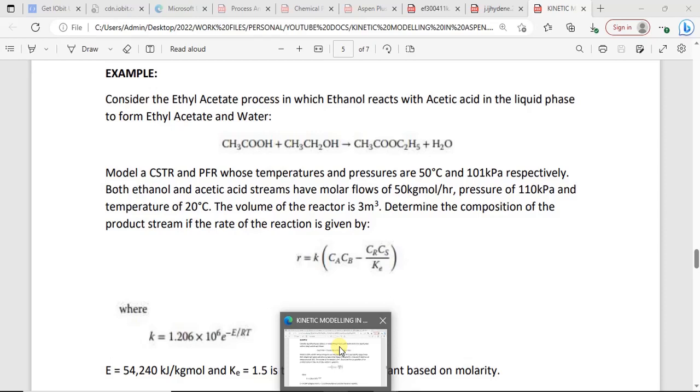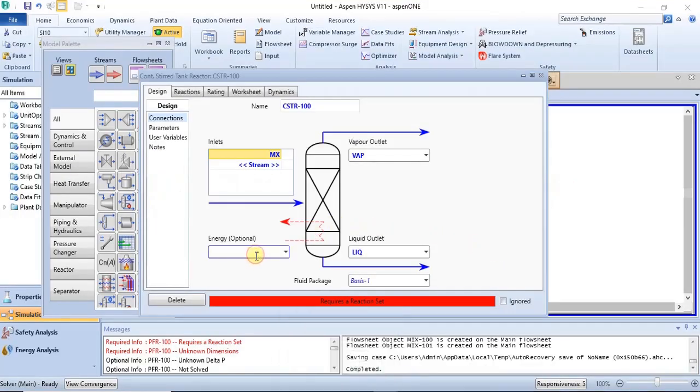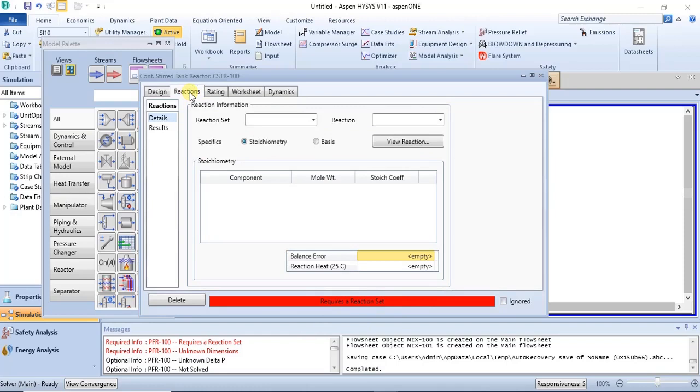Our feed is at 20 degrees, but we want the reactors to operate at 50 degrees Celsius. So we add an energy stream. Then we can now add a reaction set. It says requires a reaction set. So we go to the reactions tab, and you select your reaction set 1.